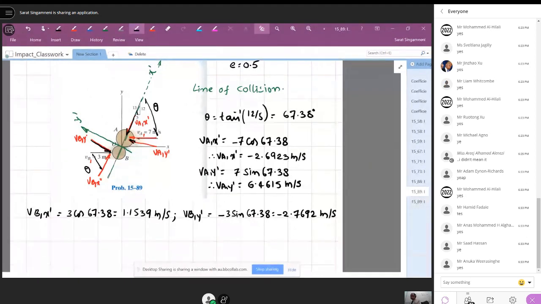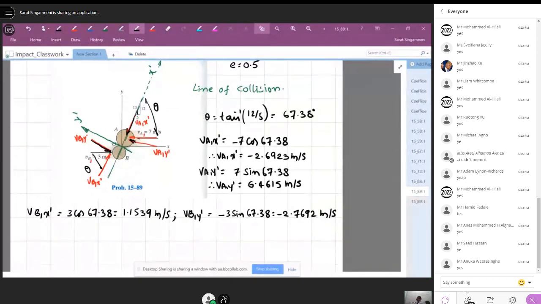The next step is, along the x dash direction, the collision is taking place. We will have to apply two equations. One is the principle of conservation of momentum along x dash: total momentum before collision equals total momentum after collision. That will give you one equation where VA2 x dash and VB2 x dash will be two unknown quantities. We need one more equation.